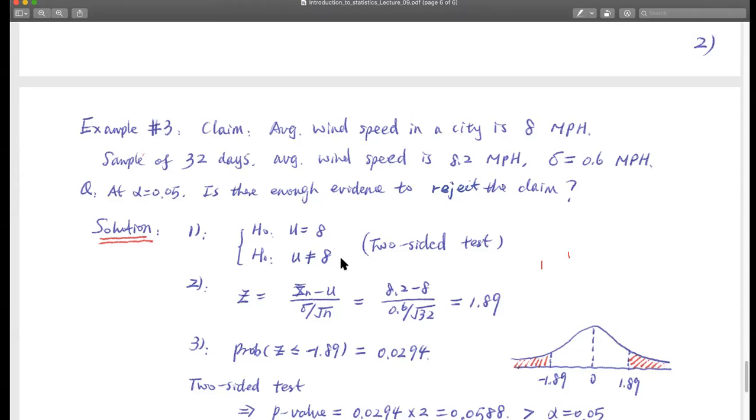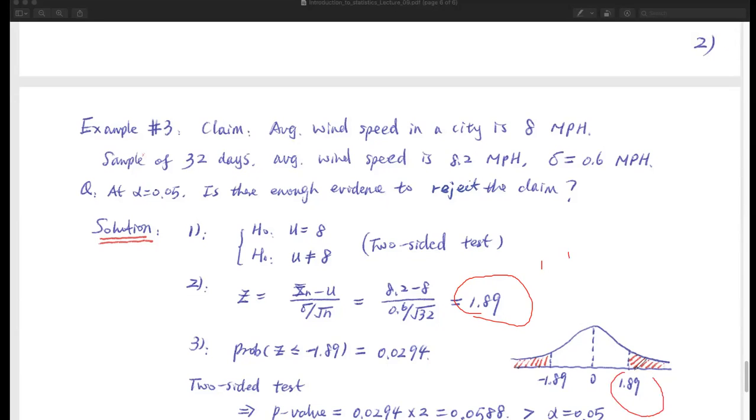Clear? Number 2, the test statistic: plug into the formula, plug all the numbers in, and we get 1.89. Now this is our test value. Number 3, find the p-value. 1.89 is somewhere here. Remember the p-value is determined by H1.